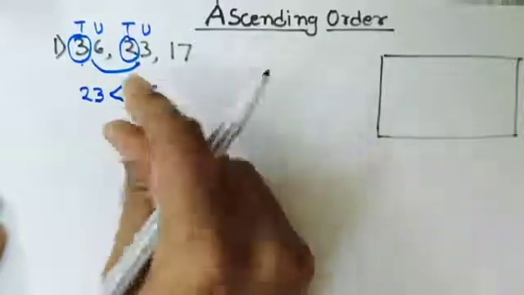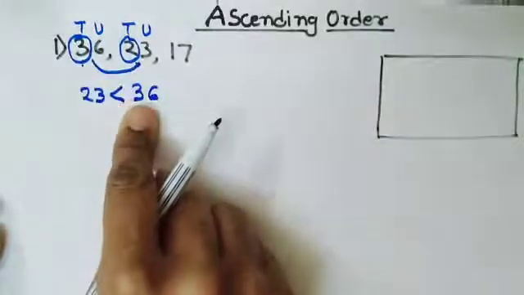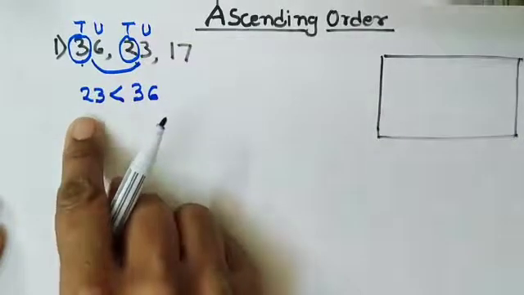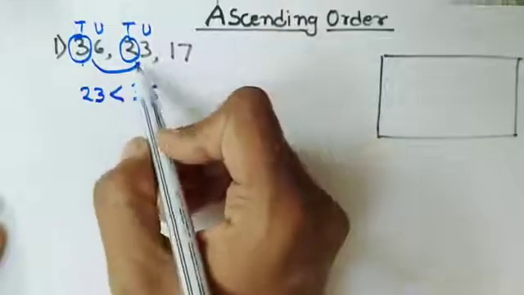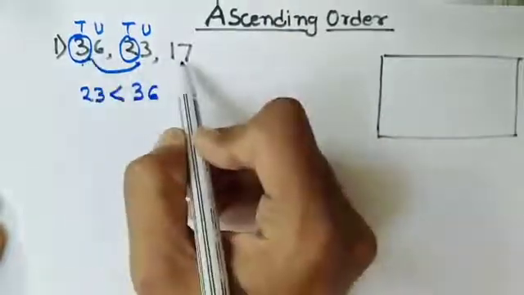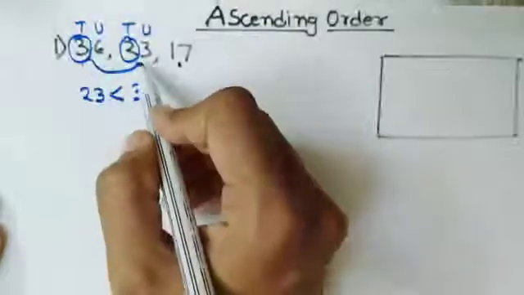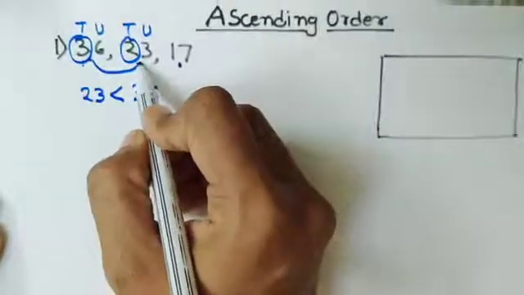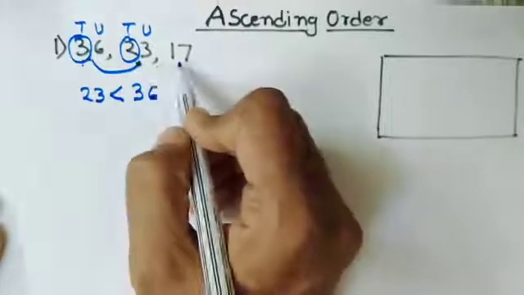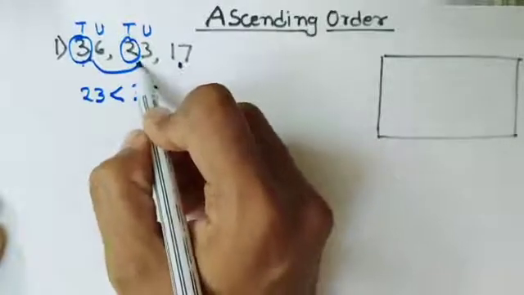The crocodile's mouth is open towards the bigger number. Then we will compare 36 with 17. Then we will compare 23 with 17.